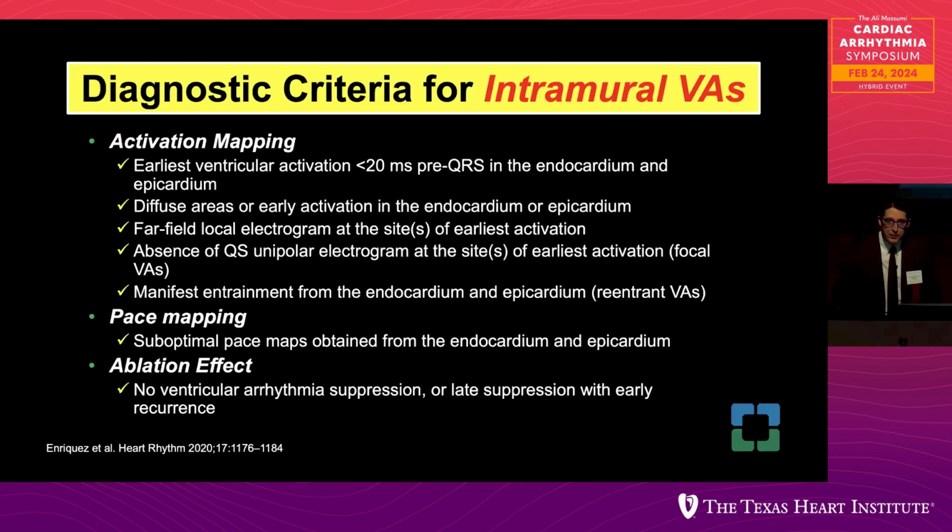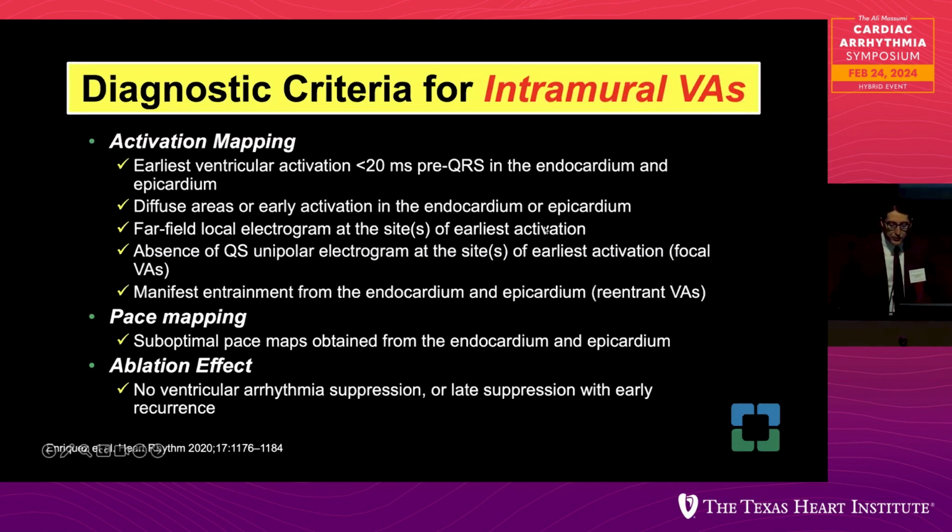Whenever we see early far-field electrograms in an area of earliest activation, we can suspect an intramural origin. Also, in the absence of QS unipolar electrograms at the earliest site, if you have an R wave in the unipolar electrogram, then you can suspect there is something deeper going on.